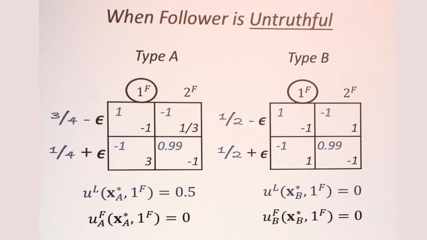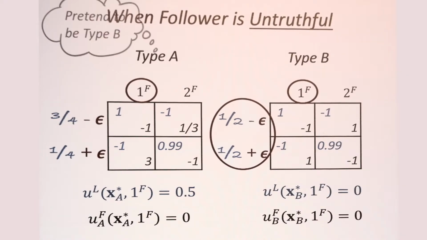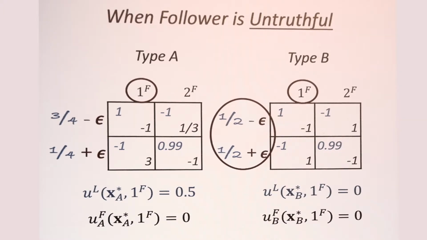Observe that for a type A follower, the leader's commitment on type B is actually better for him, because that would give him a higher utility. So it would be tempting for a type A follower to think, hey, if I can somehow get the leader to play her commitment on type B, then that would be better for me.